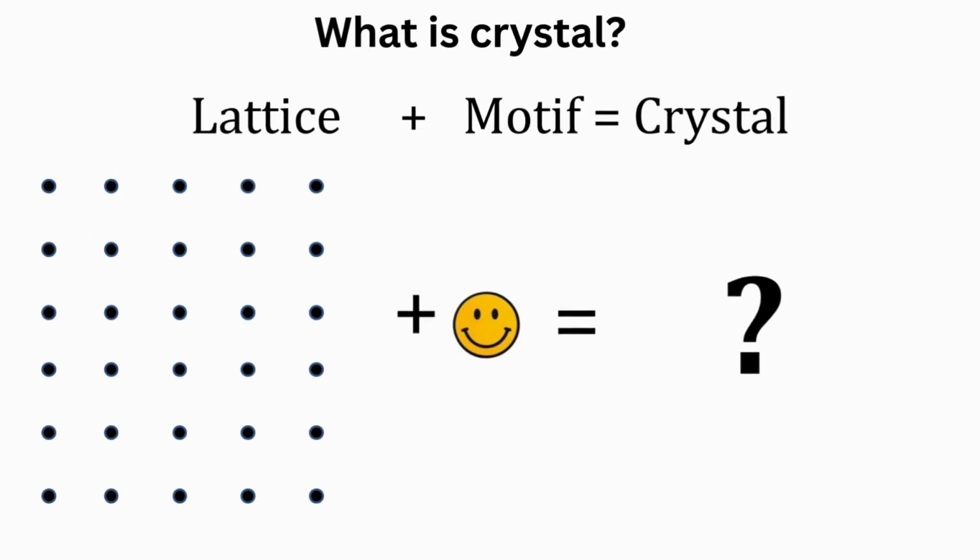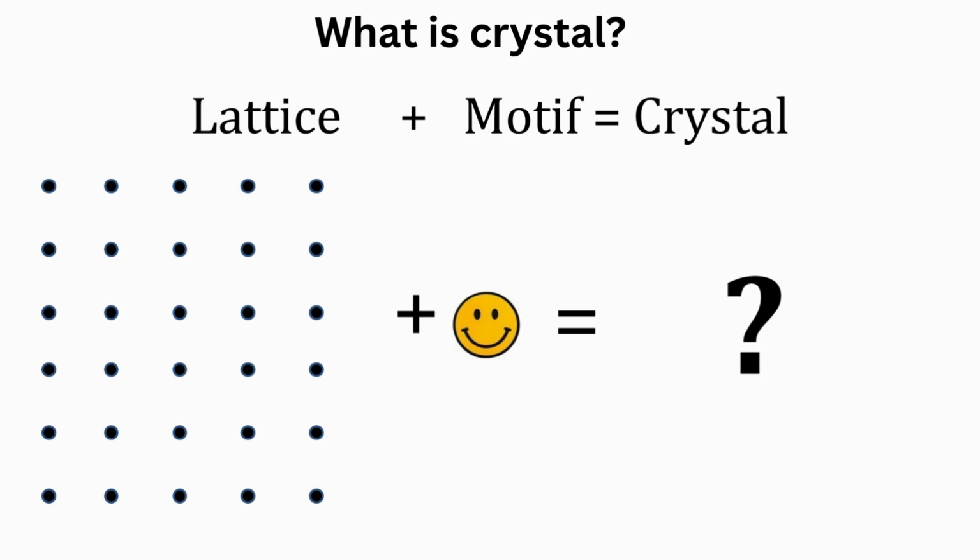Then the next question comes: what is the distinction or relationship between the lattice and the crystal? It's very simple. To define a lattice, we want only a periodic arrangement of points. To define a crystal, apart from that lattice, we also need an atom that we call the motif or base.